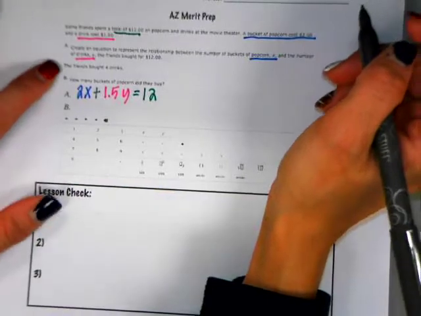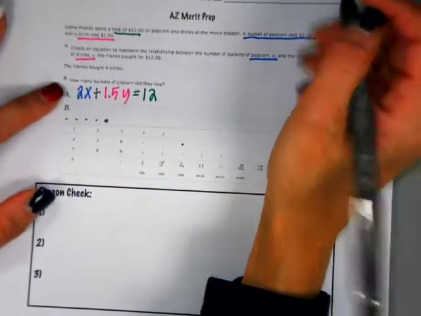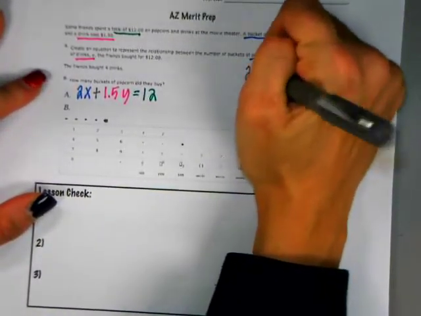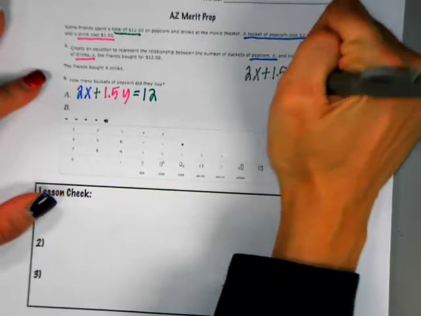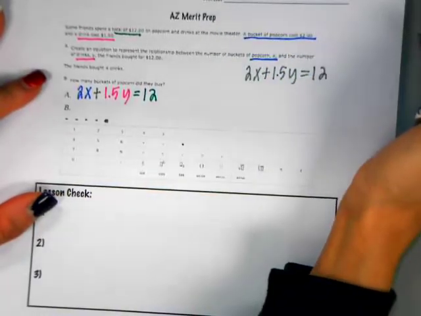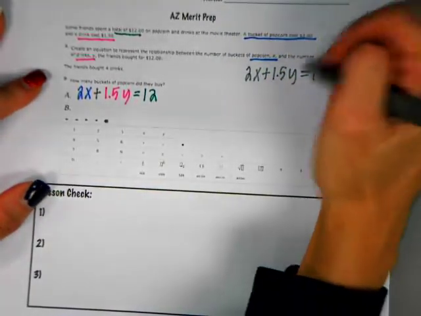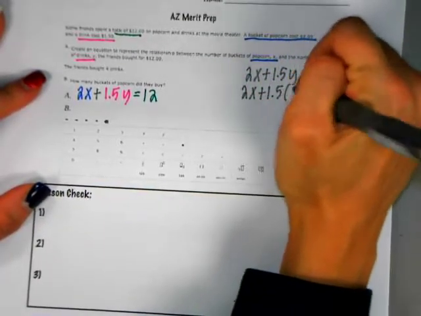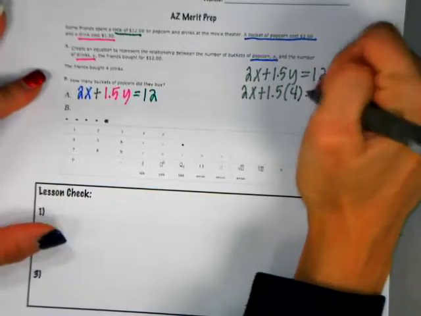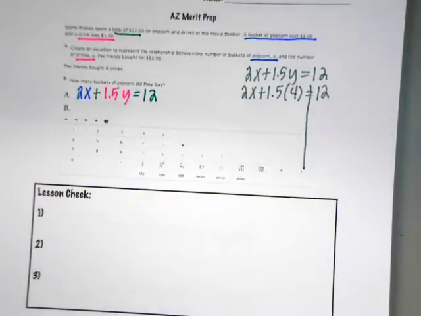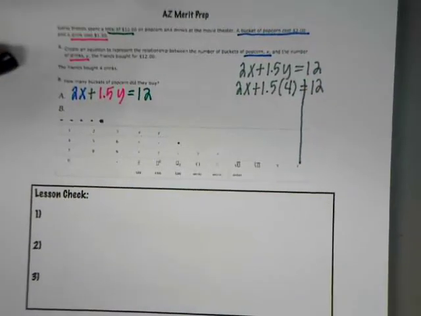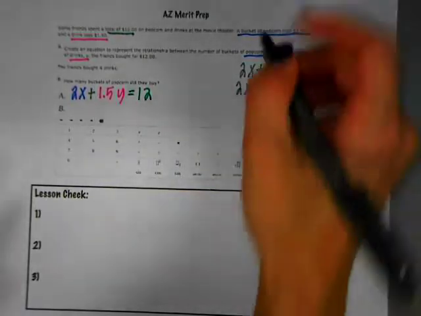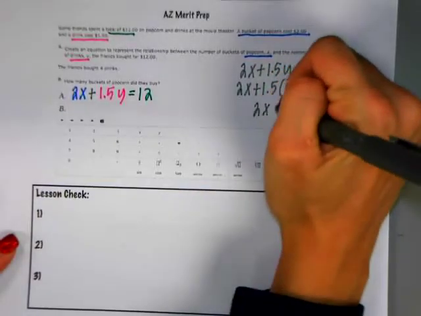Okay, so then it says the friends bought 4 drinks. How many buckets of popcorn did they buy? So we have 2X plus $1.50 Y equals 12. So where am I putting in the 4? For Y. So 2X plus $1.50 times 4 equals 12. So what's 1.5 times 4? 6?